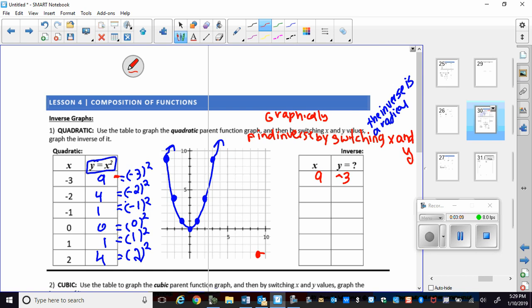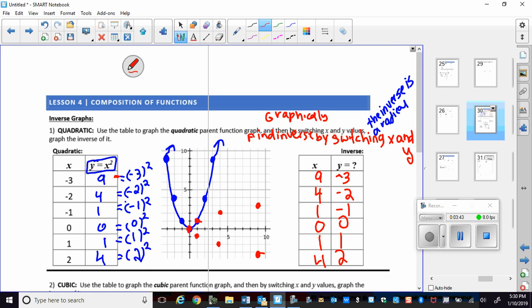Then 4, -2. I'm just going to write these points. 1, -1, 0, 0, 1, 1, 4, 2. So graphing the points, go right 4, down 2, right 1, down 1, then 0, 0, up 1, right 1, up 1, right 4, up 2, right 9, up 3.